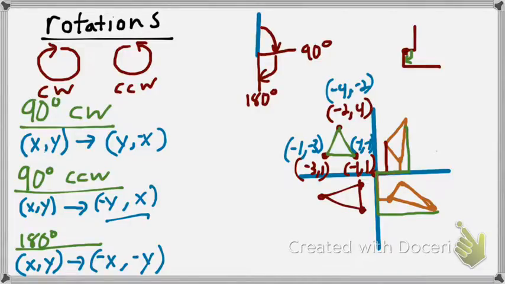What about the orientation? Yes, it's now standing on its side. The only time the orientation wouldn't change is if we rotated 360 degrees, because that takes us right back to where we started. So that's rotation.